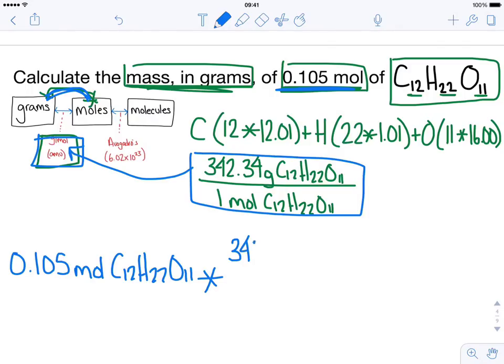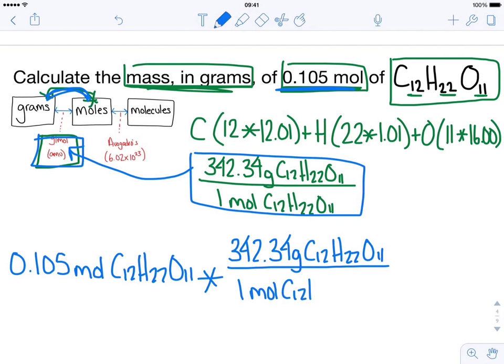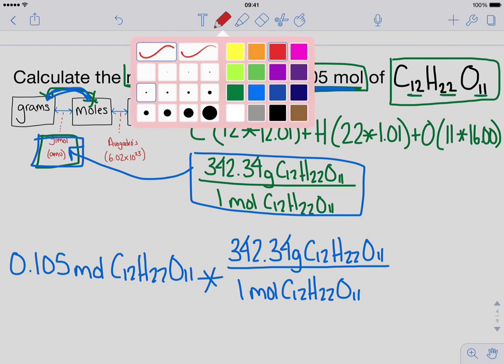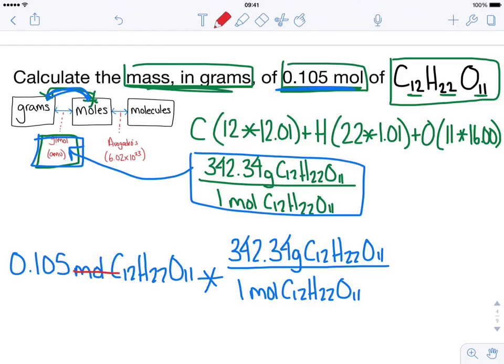So 342.34 grams of C12H22O11 in 1 mole of C12H22O11. And now what that does is that cancels out my unit. So moles of C12H22O11 cancels out with moles of C12H22O11, and I'm going to multiply these numbers straight across.